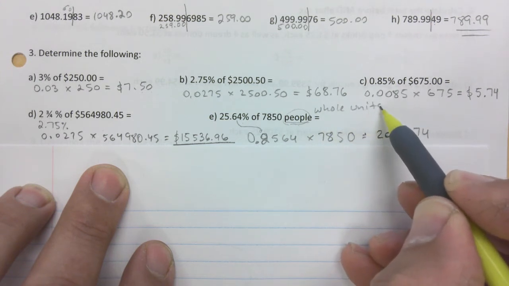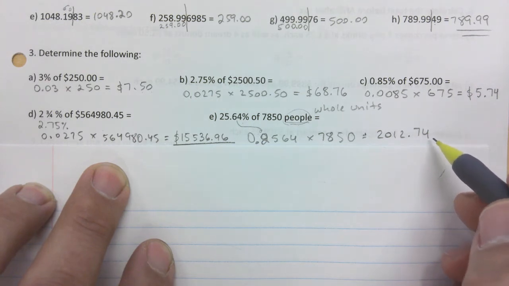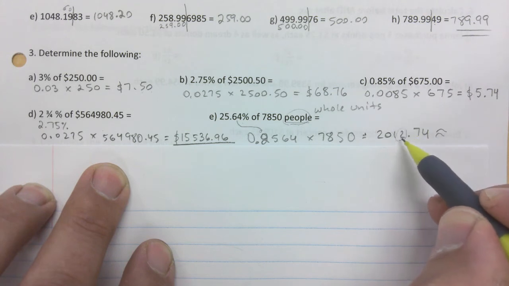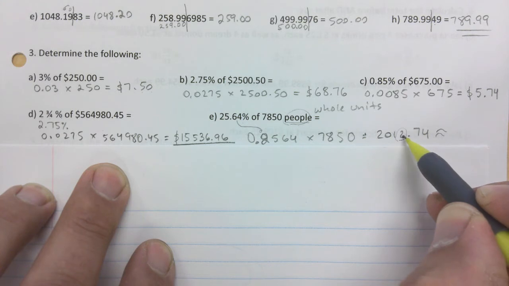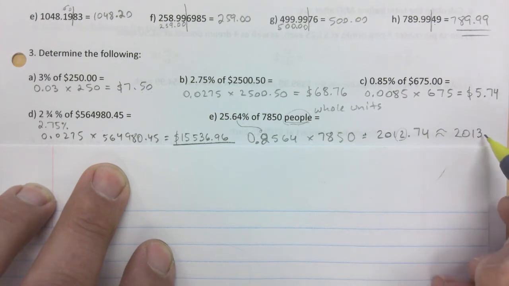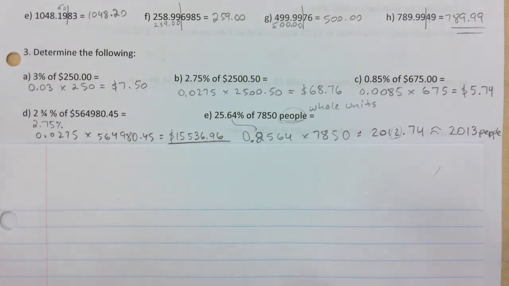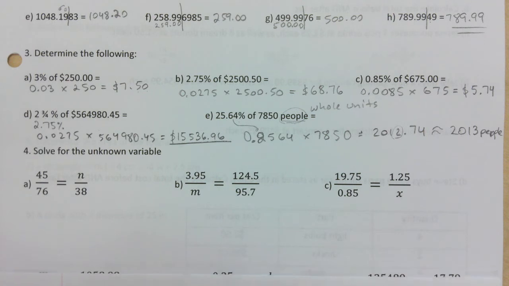Whenever we're talking about number of things, and it's not money or distance, you're looking at the whole unit, the ones. You look to the right, just like rounding, so the 7 bumps that up to 3. I'm running out of room there. People, okay? The context will tell you that you're supposed to round to the nearest whole number.